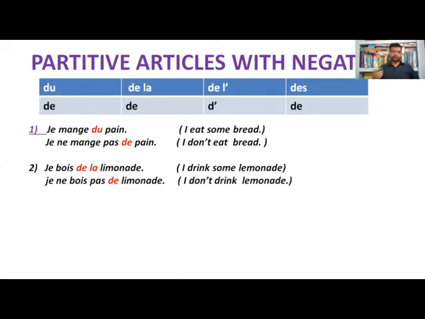Lemonade, like the limca that you drink normally. And you want to make a negative sentence. So how will you make the negative sentence? Je ne bois pas de limonade.